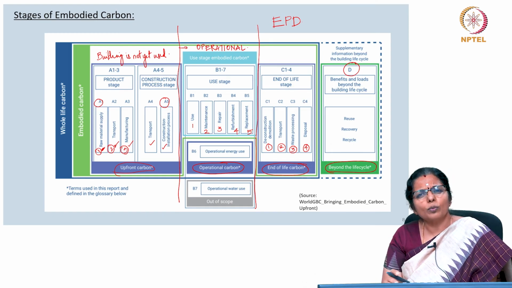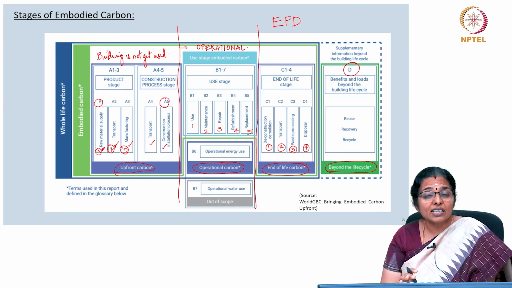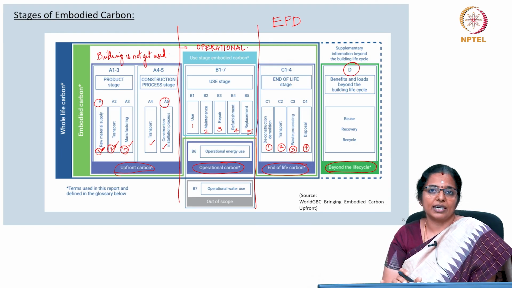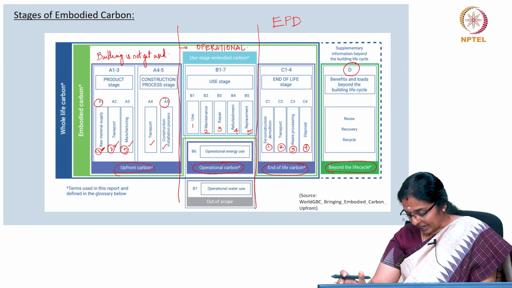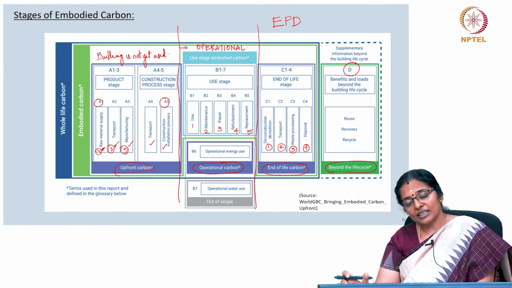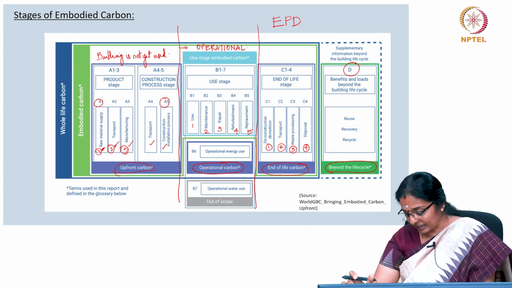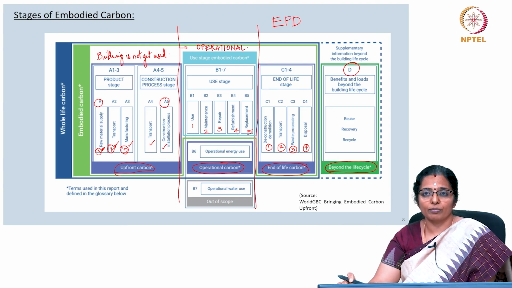LCA is too much in detail. LCA has commercial names. EPD does not have commercial names. EPD is a short form and it is generic. It does not take the name of companies. So, it is easier to use this communication rather than an LCA report.